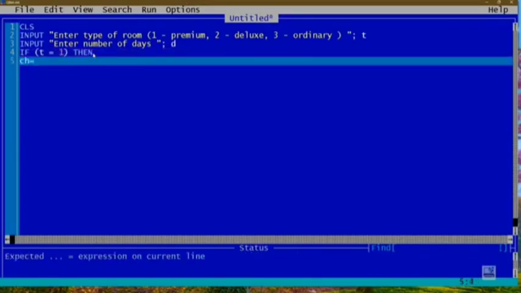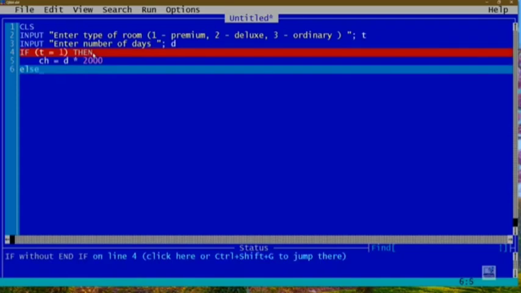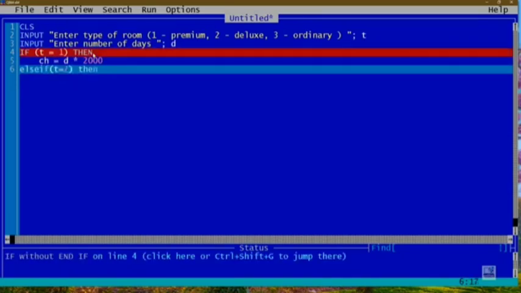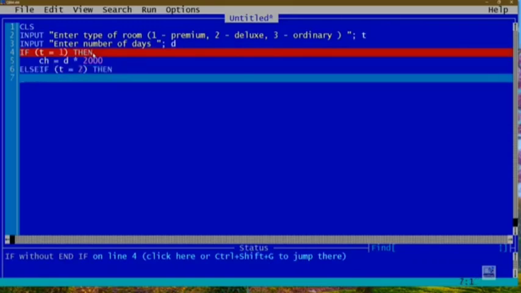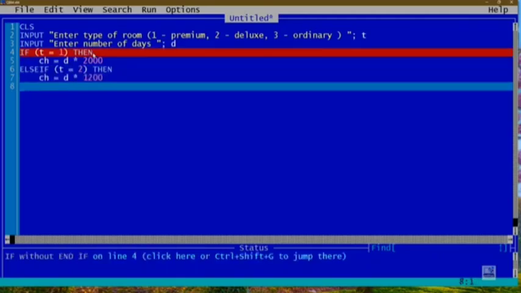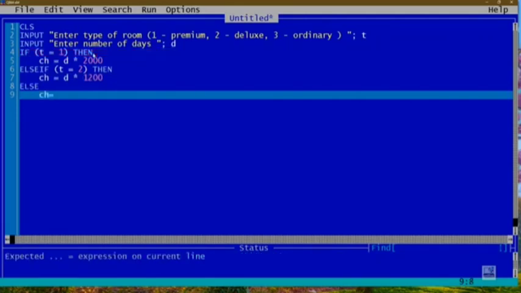CH equal to D means number of days into 2000, that is per day. Else if T is equal to 2, then the choice is deluxe, the charges will be 1200, CH equal to number of days into 1200, and else if both the conditions are false, charges equal to D into 600.